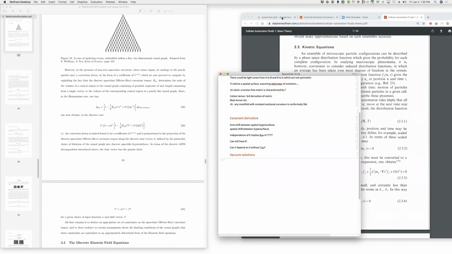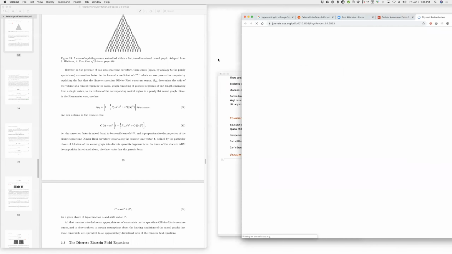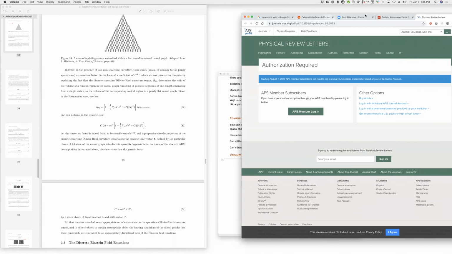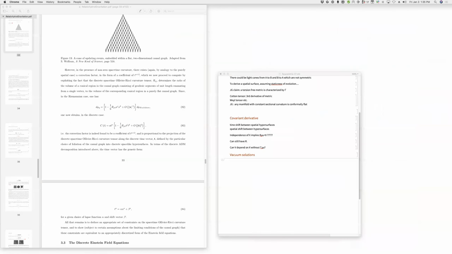Right. How would you figure it out? Let me look at this. Actually, I can email you the PDF. I can log in using one of my several academic accounts, but it's probably quicker for me to email the PDF.